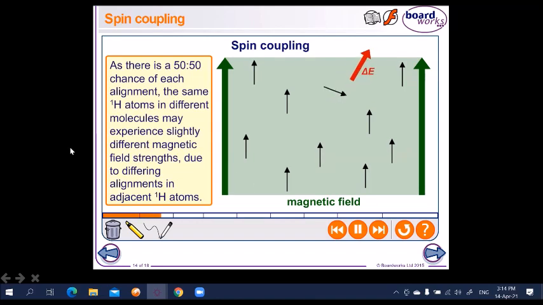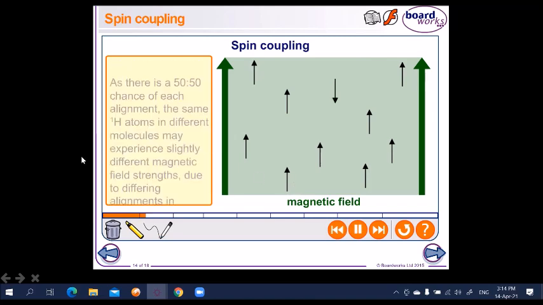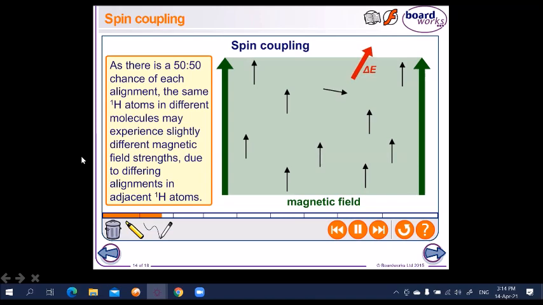Now, as there is a 50-50 chance of each alignment, the same hydrogen atoms in different molecules may experience slightly different magnetic field strengths due to differing alignments in the adjacent hydrogen atoms. Let's go back again and see this. There's the delta E again. So actually even SL students can learn this if you want.